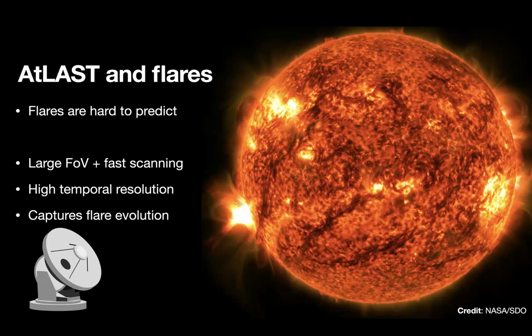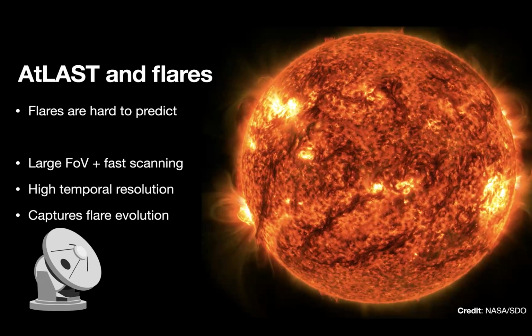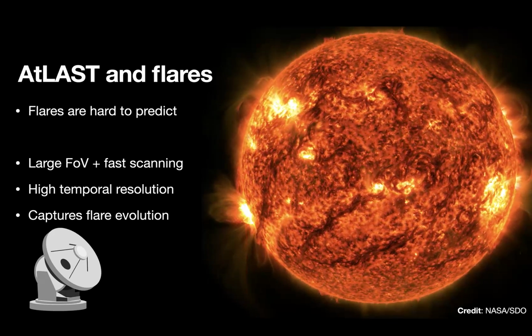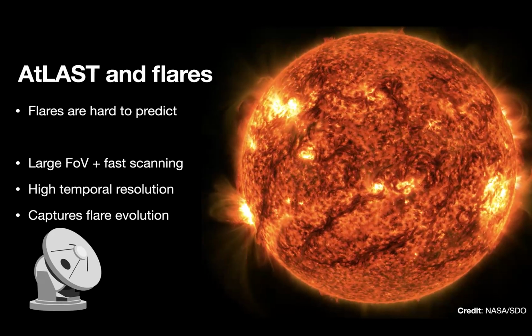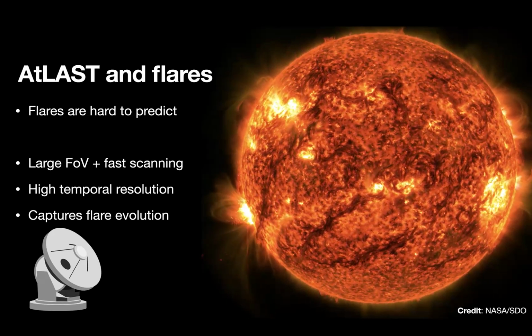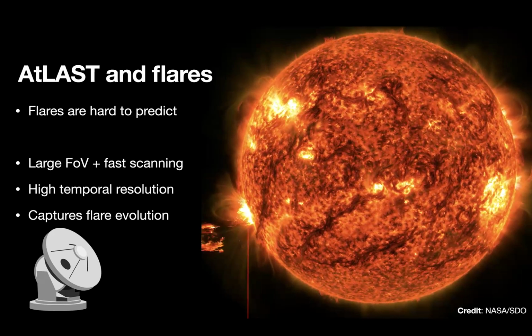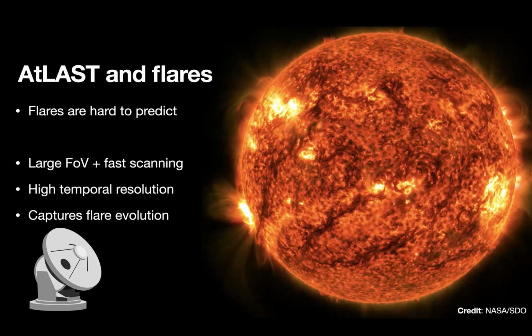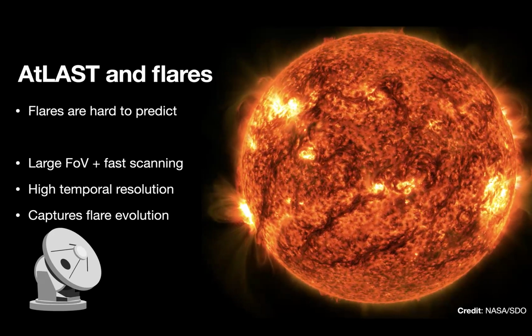if we make use of its large field of view in combination with fast scanning. We have seen that AtLAST should be able to produce full disk maps of the sun at a relatively high temporal cadence. And if you then just perform such full disk scans without actually targeting flares, you do capture flares serendipitously, so by chance.